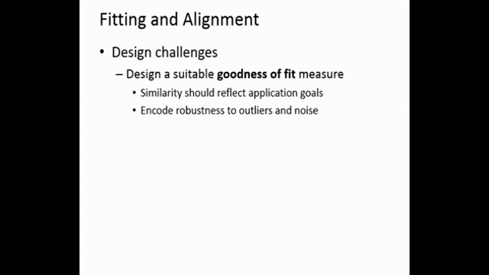Generically, the similarity should reflect the application goals. If you're trying to, for example, predict some variable given some other variable, then you care how good the prediction is. If you're trying to geometrically fit a line to a set of points, then you might have a different criteria, as I'll show in a bit.